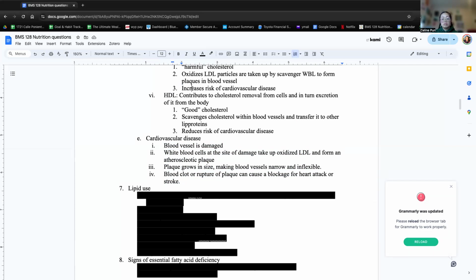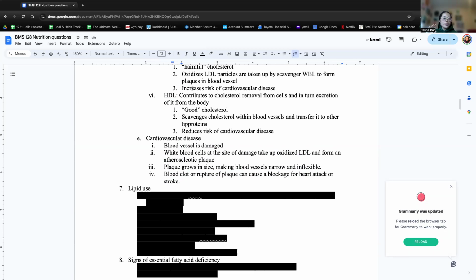When your cholesterol is high, the white blood cells will accumulate at the sites where the cholesterol is accumulating.